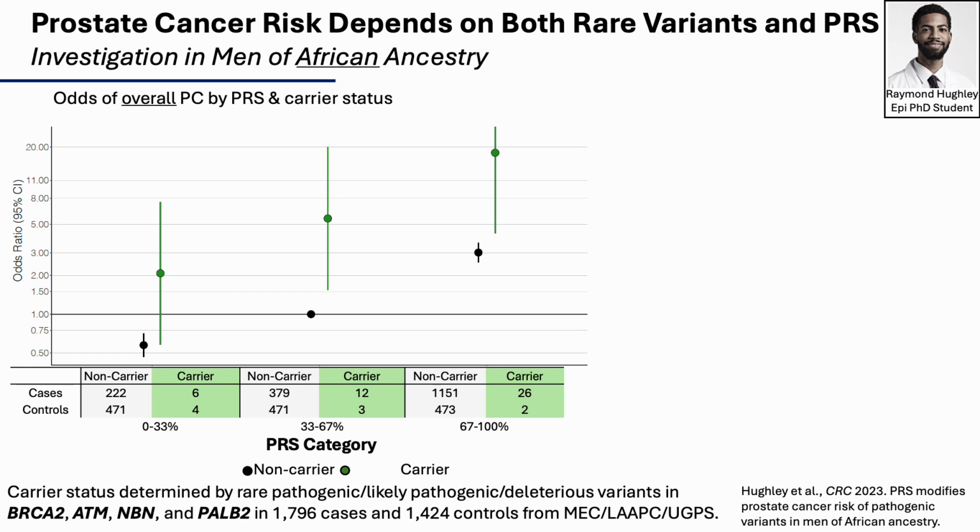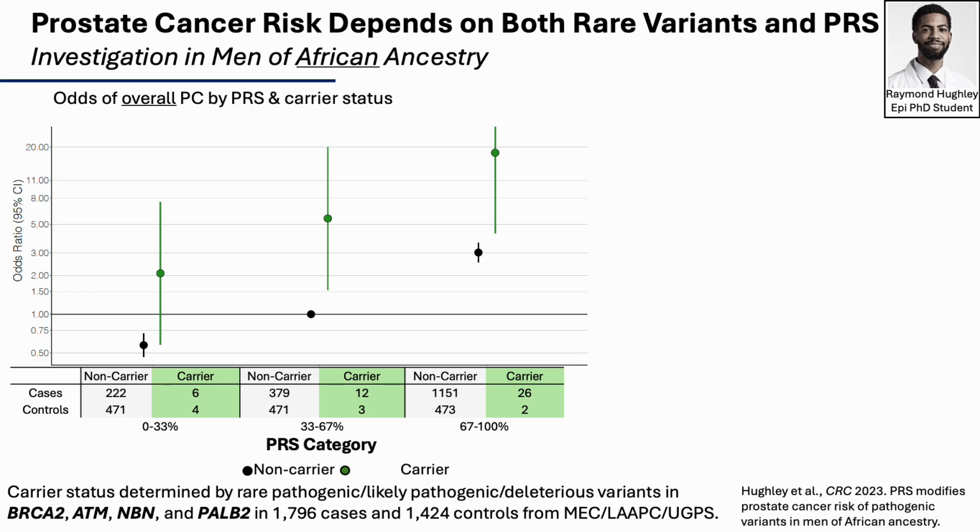So now here on the x-axis, again, we have the PRS categories, but it's split by tertiles because our sample size was a little bit smaller than what we had in the previous UK Biobank analysis. Odds ratio is still on the y-axis here. And now in green, we're showing odds of prostate cancer among carriers, and in black, we're showing odds of prostate cancer in non-carriers.